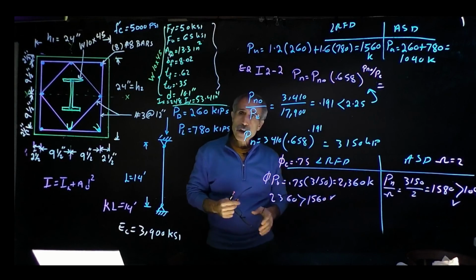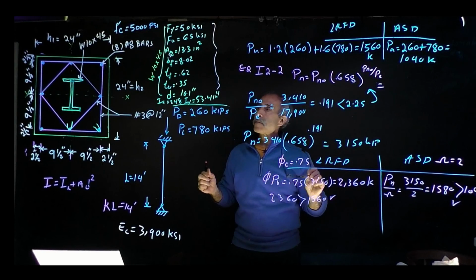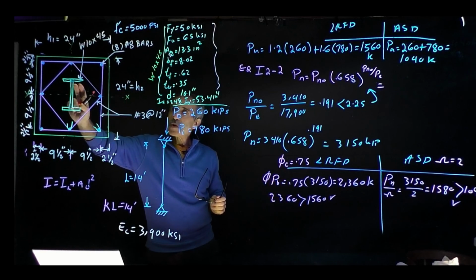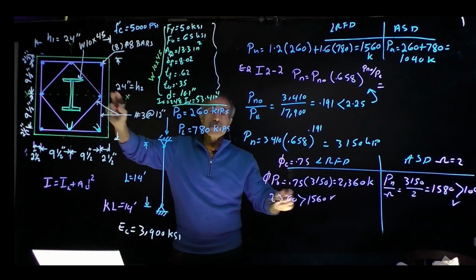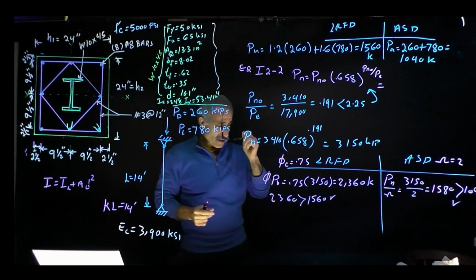So we're good. But the spec also says, wait a minute, I want you to know what the capacity of the steel column is. Calculate that to make sure this is not more than that, which is not going to be the case anyway. So we're going to go ahead and calculate the capacity of that.